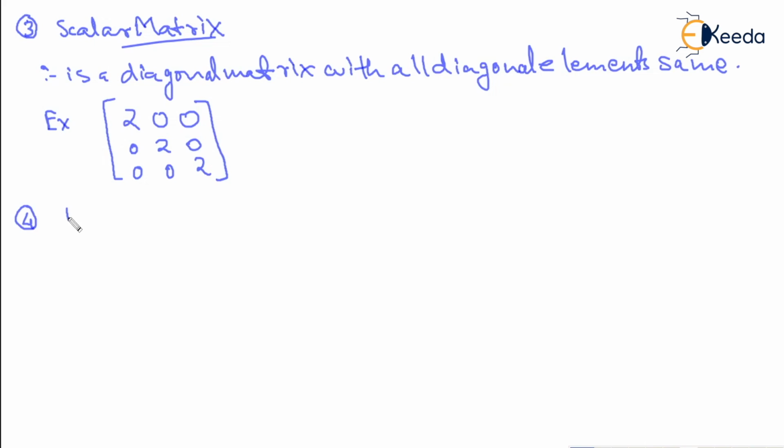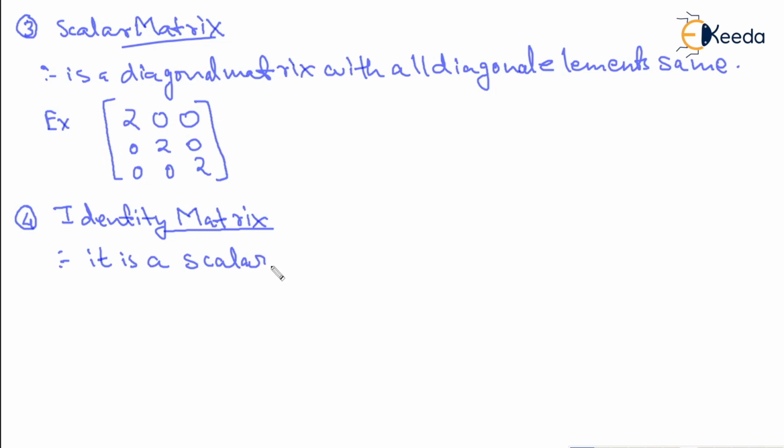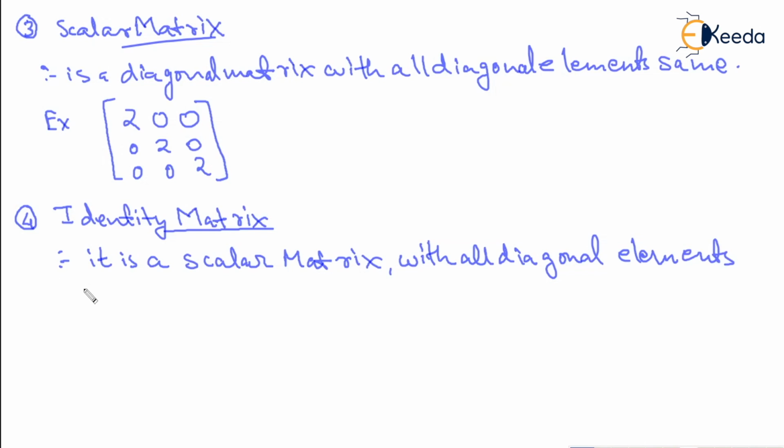The fourth one is the identity matrix. Now this is a scalar matrix with all diagonal elements as 1.